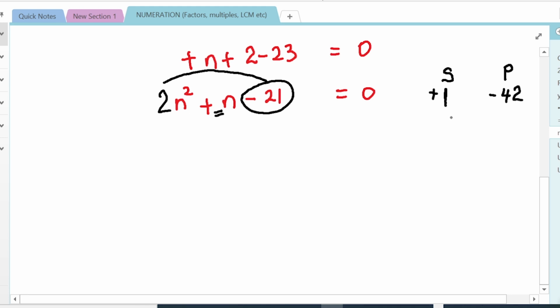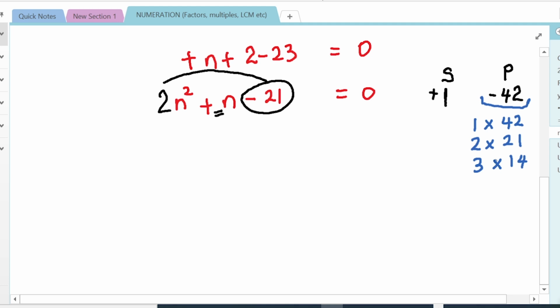So we start looking for those two numbers using the factors of negative 42. That's going to become 1 times 42. Then we have 2 times 21. We have 3 times 14.